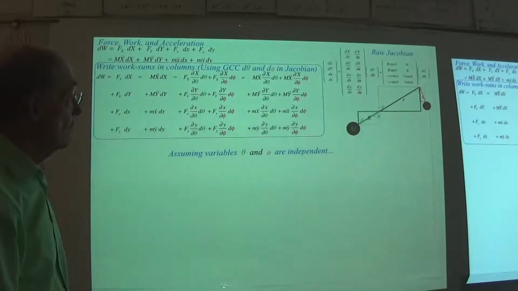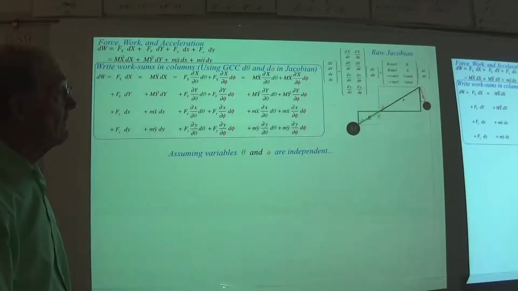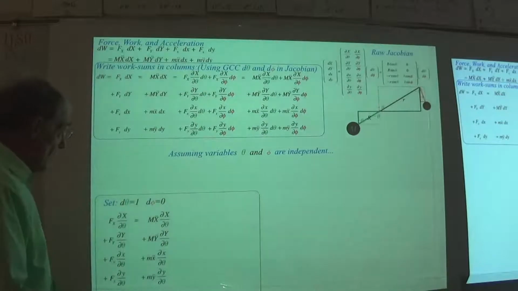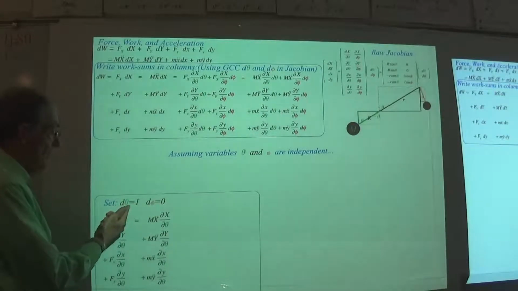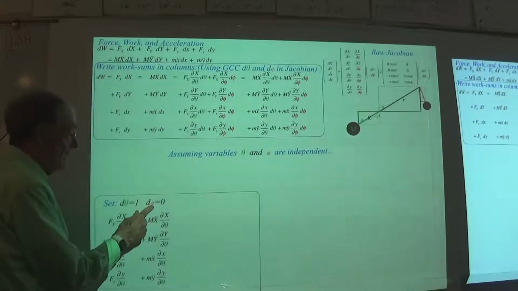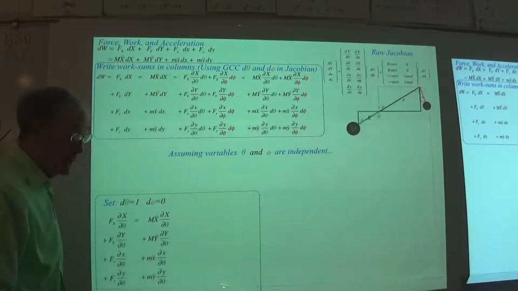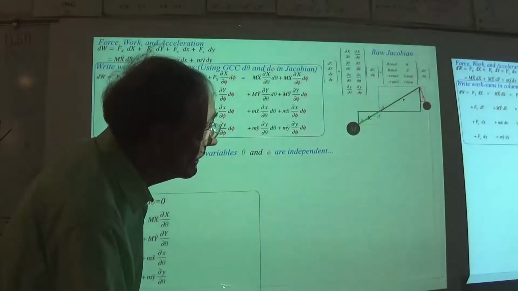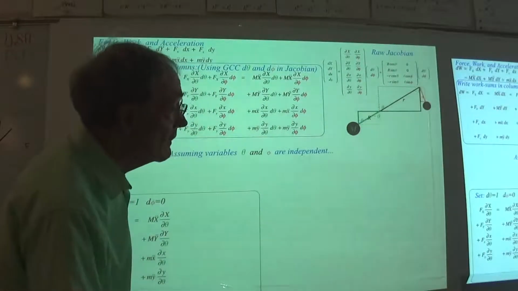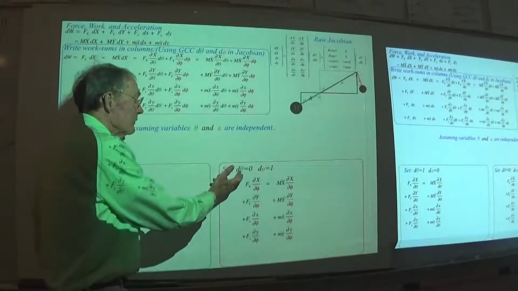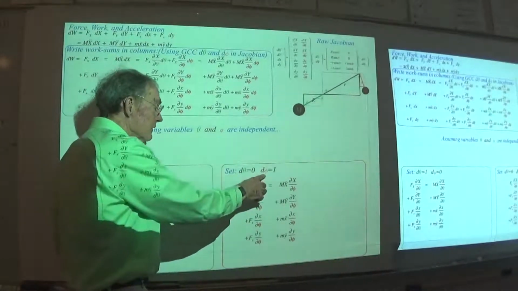So here's where you assume the variables are independent. If they're independent, I could write this whole thing as d phi equal 1 and d theta equal 0. And while I'm doing that, I can go ahead and do the other, the opposite of that, which is to have the differential of theta be 1 and d phi be 0.